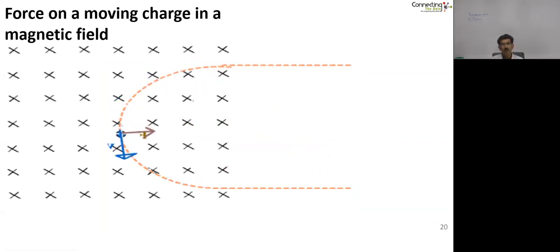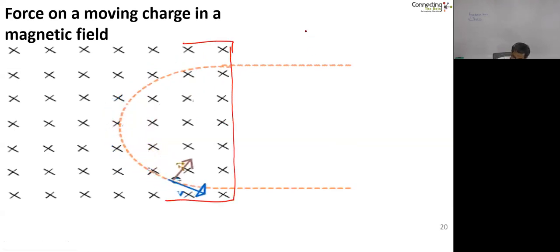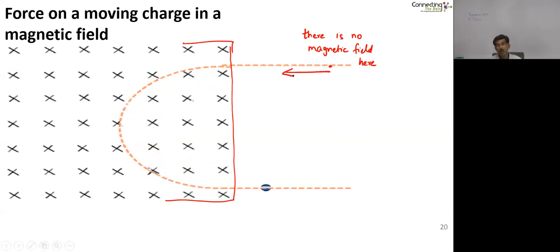What do we have here? We have an electric charge which is moving through a magnetic field, right? And when it enters the magnetic field here, this is the area which has a magnetic field. So there is no magnetic field here, and therefore it is moving in a straight line. An object on which no force is acting will continue to move in a straight line at constant speed, and that is what it does.